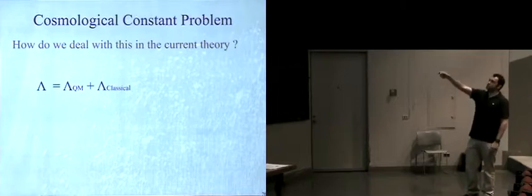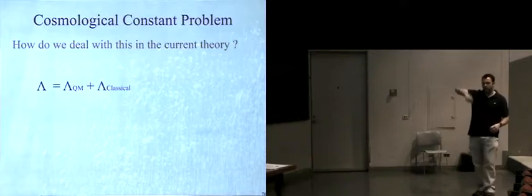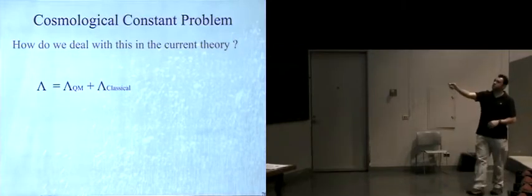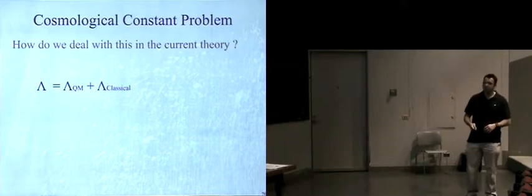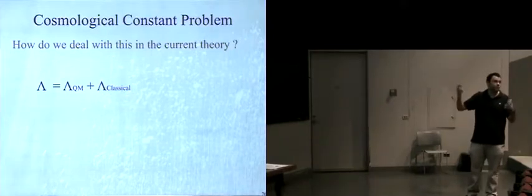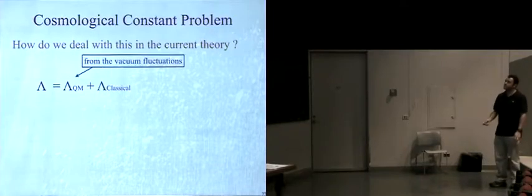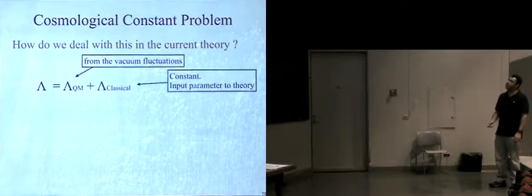But there are two pieces. There's the piece that comes from these vacuum fluctuations, the piece that we just talked about. But then, remember I said that you can add an overall offset to energy. So there's some overall offset in the theory as well. That's like the classical term. This would be an input to the theory, some parameter that the theory has. So we say there are these two pieces. This is the one that we just talked about, and this is just some constant, just some number.